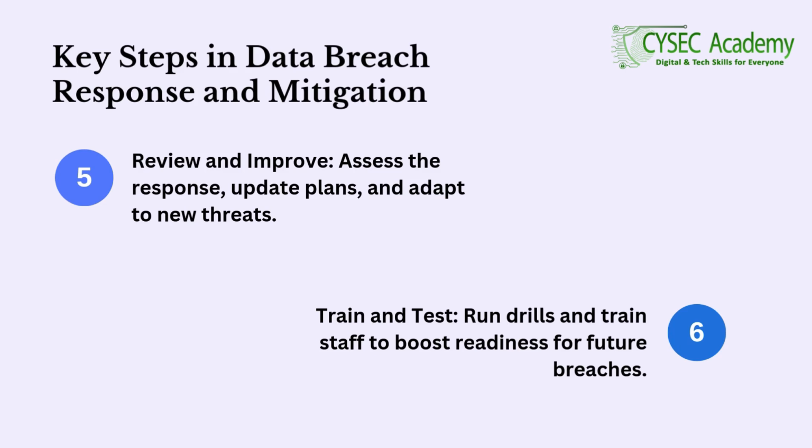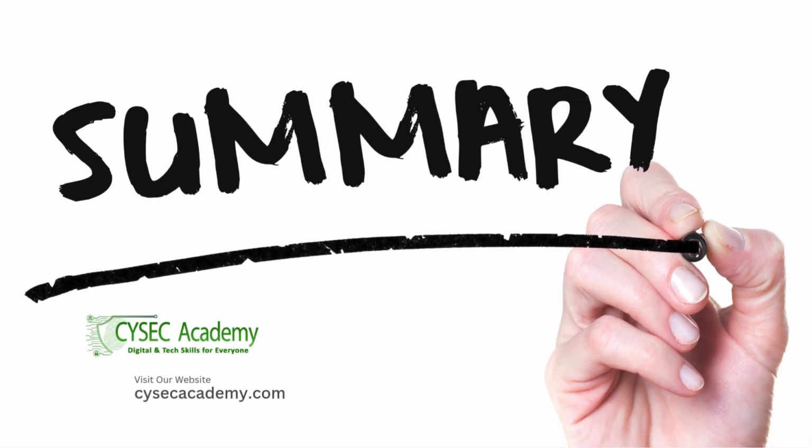6. Train and test. Conduct regular simulations and employee training to ensure your team can act quickly and effectively when a real breach occurs. Summary. In this module, we explored how financial institutions can classify and secure sensitive data like client records and transaction histories.